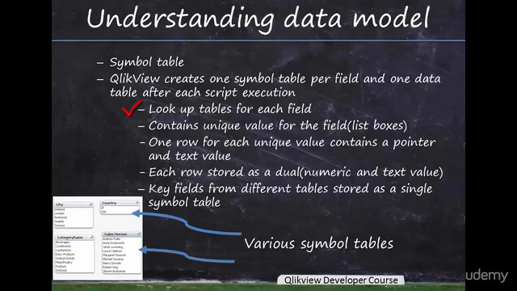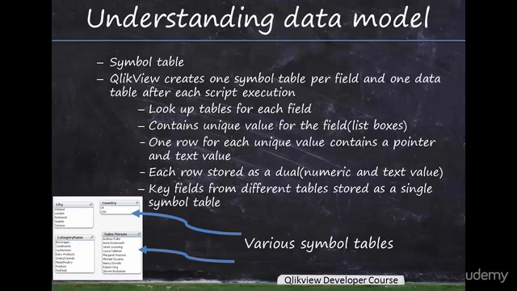In other words, if you look at your application and create a list box, which is a field, essentially it's a symbol table. So as many fields as you have in your data model, each contains a single symbol table. You can also think of a symbol table as a lookup table, because a list box is essentially a lookup table.